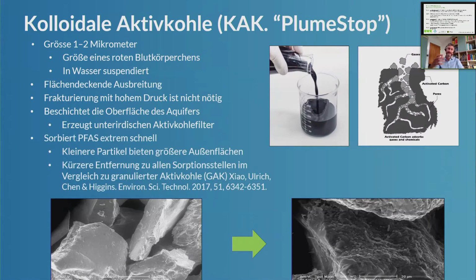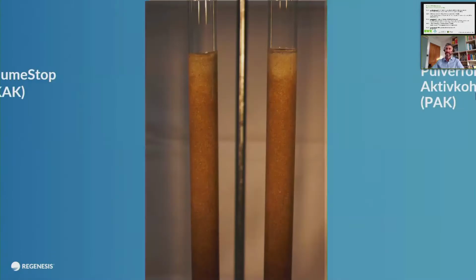One of the other advantages, apart from the injection of the product and the way it distributes, is that because the particles are so small, there is a very short distance from the surface to the internal sorption sites. So it makes sorption of PFAS, the removal of that PFAS from the groundwater, very rapid and very effective. So you can get very rapid treatment that lasts a long time.